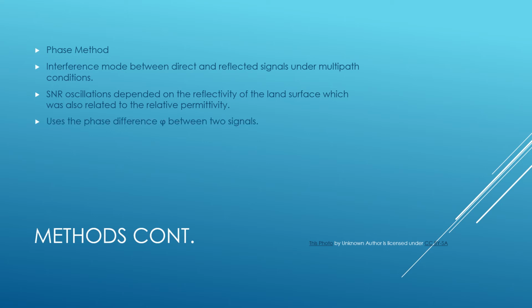The receiver could retrieve information associated with near-surface soil moisture changes by recording temporal SNR or signal-to-noise ratio oscillations, and then use the phase difference between the two signals.